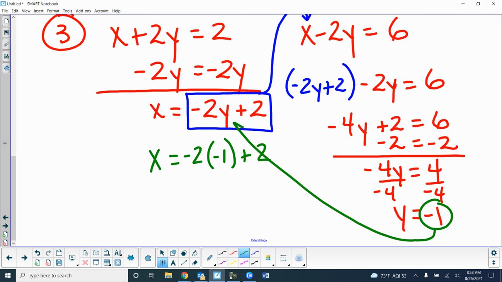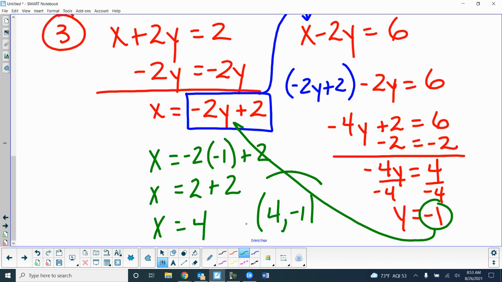So I get negative 2 times negative 1, which is positive 2, plus 2. Oh, I'm sorry. Negative 2 plus 2. No, I just said it's positive. Negative 2 times negative 1 is positive 2, just like I said, and 2 plus 2 is 4. So 4, negative 1 is the solution to that system.